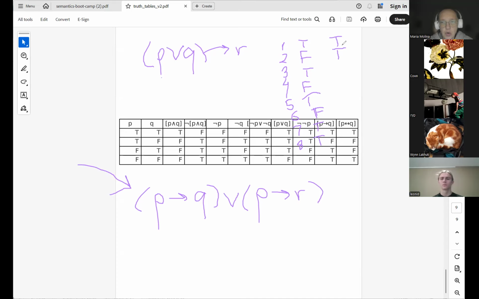True. True. So true. P true, Q false, R false. P true, Q false. False. False. False. Good.